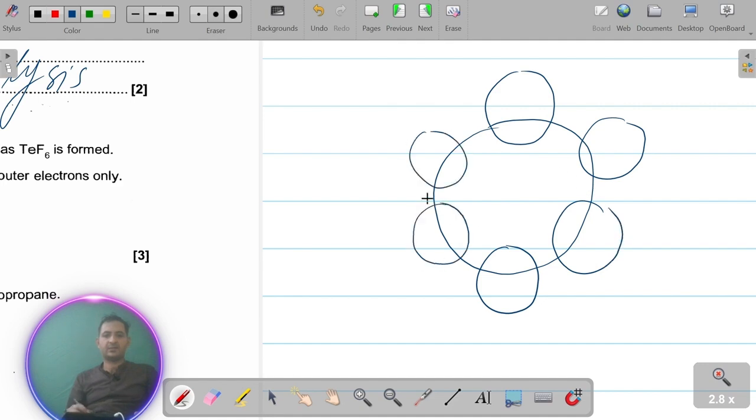I'm representing tellurium electrons with crosses, 1, 2, 3, 4, 5, and 6, and these are electrons of this fluorine, and this is a fluorine.